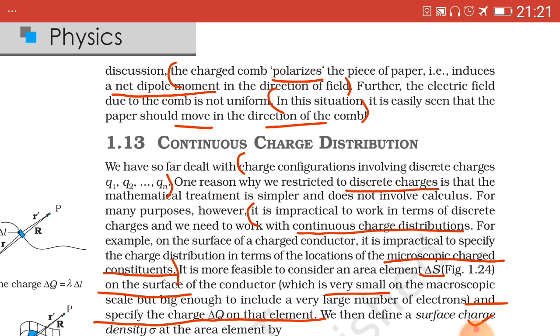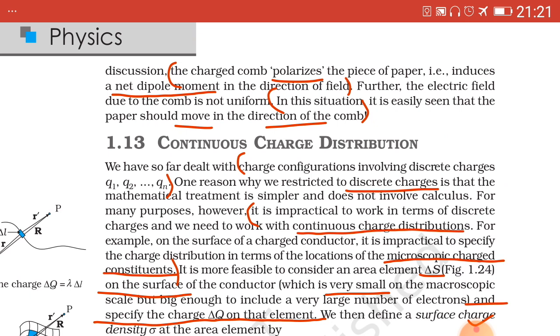and a non-uniform electric field is produced by charges on the comb. Again I repeat, not written here, a non-uniform electric field is produced by charges on the comb.